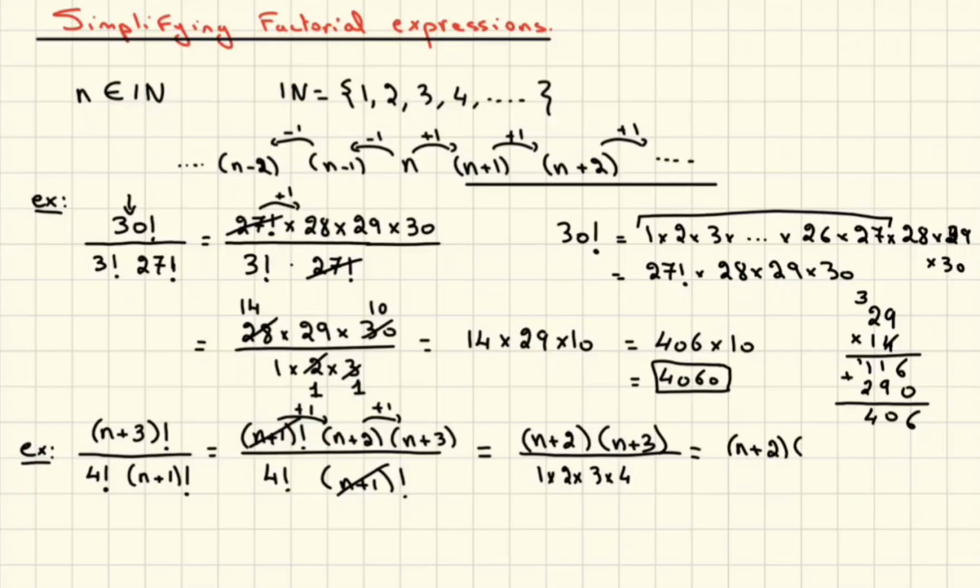So my final answer will be n plus 2 multiplied by n plus 3 over 2 times 3, which is 6, times 4 will be over 24. And this is our simplest form. For sure, if we want expanded numerator, we need to distribute the n plus 2 over n plus 3. I hope this was clear, and we're gonna do more questions in the next video.